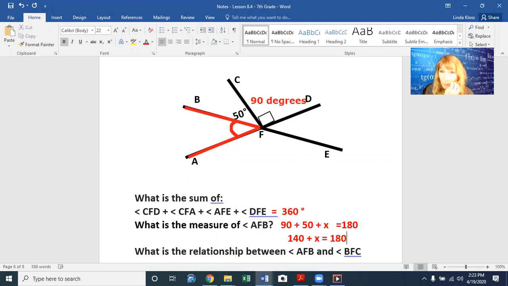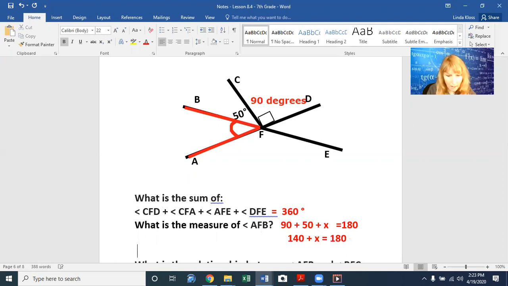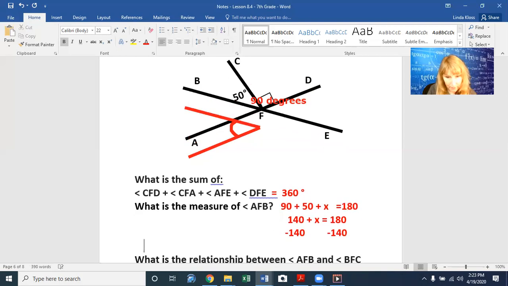What do I do to get x by itself? I subtract 140 from both sides. And by now, you guys should be pretty good at this. If I do that, the 140s will cross off. I'll use a different color here.